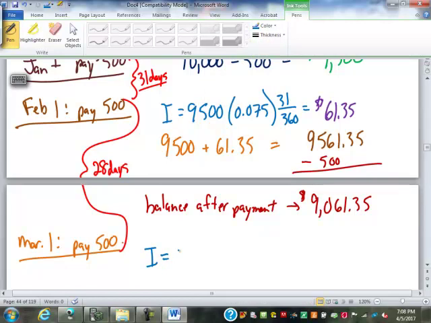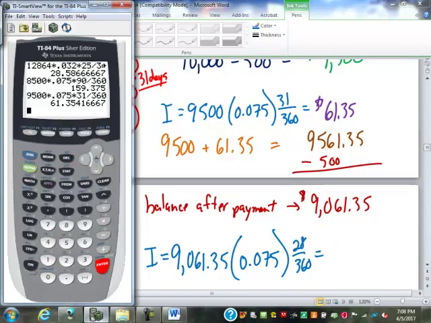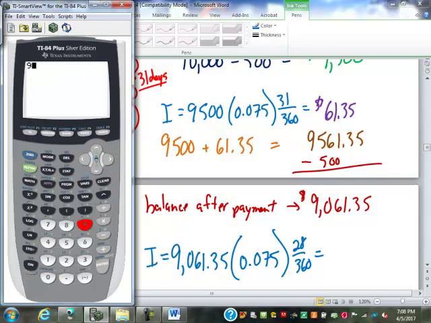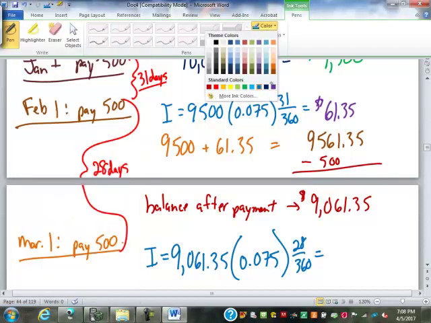So we're going to take that $9,061.35 times 0.075 times 28 over 360. I had interest of $52.86.